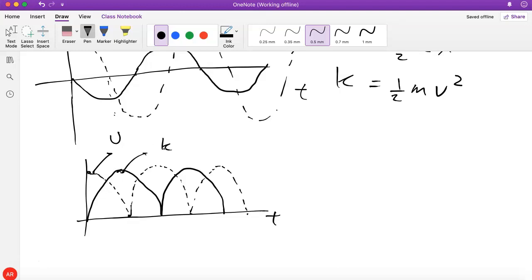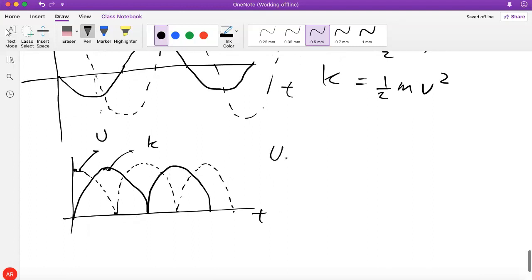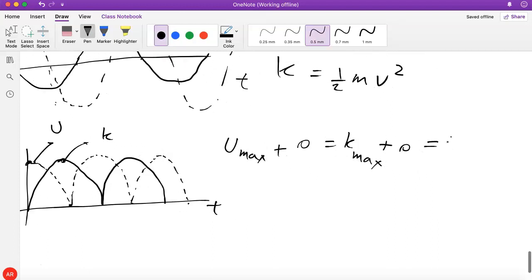So for example, we expect U maximum right here. The maximum of U occurs when the kinetic energy is 0, to be equal to K maximum, the maximum of kinetic energy, which occurs at this point at the top, plus 0 for the potential energy, to be equal to U plus K for some arbitrary point in the middle, somewhere here, this plus that.